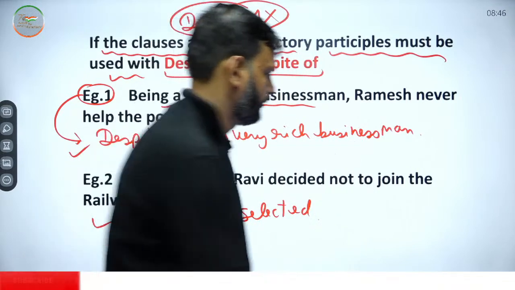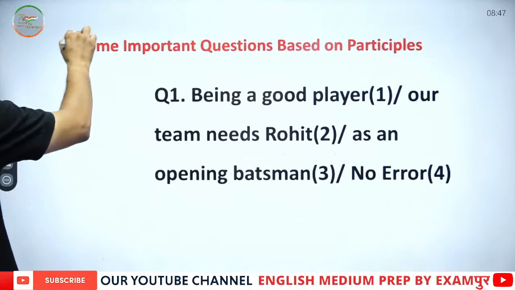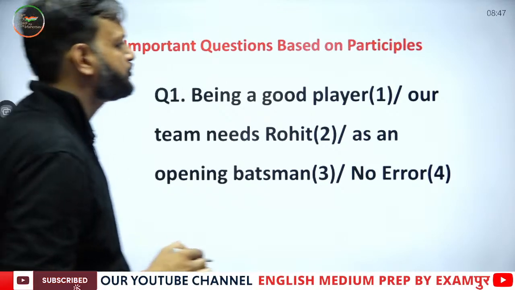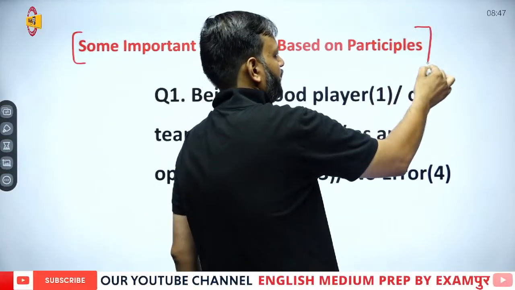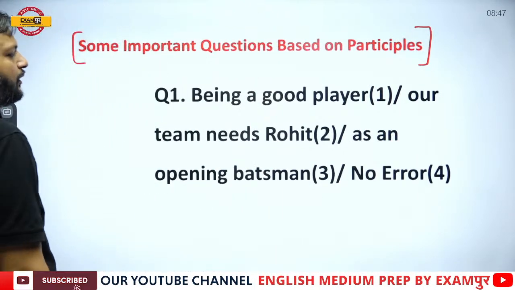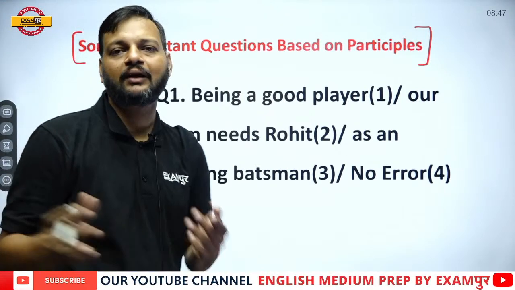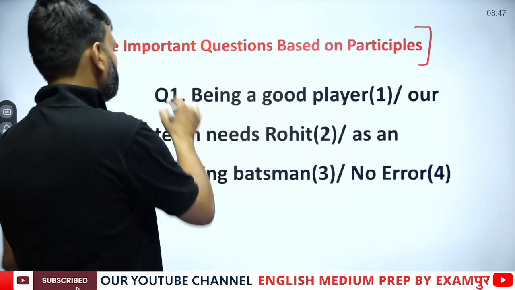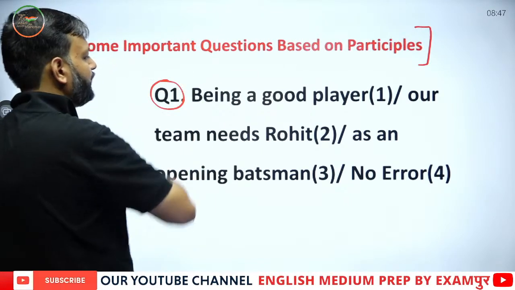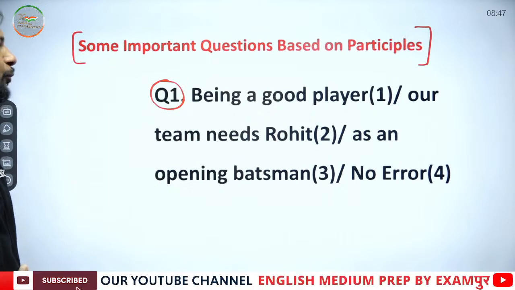Now some important questions based on participles. Here I'll tell you one or two questions, then we'll continue this class tomorrow. So question number 1. Being a good player, our team needs Rohit as an opening batsman.